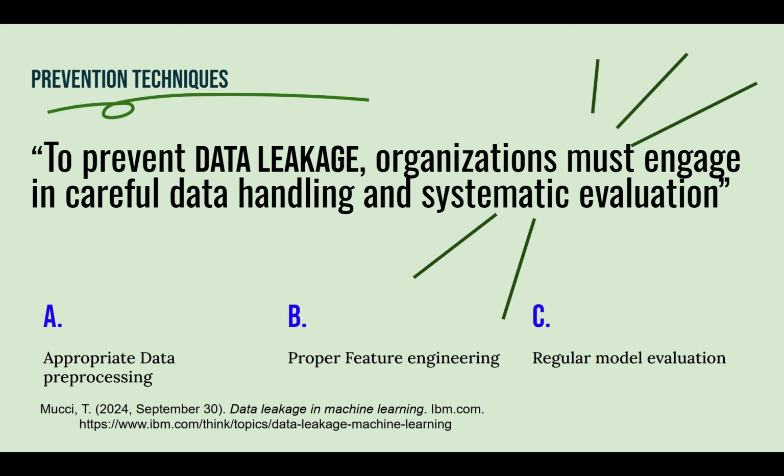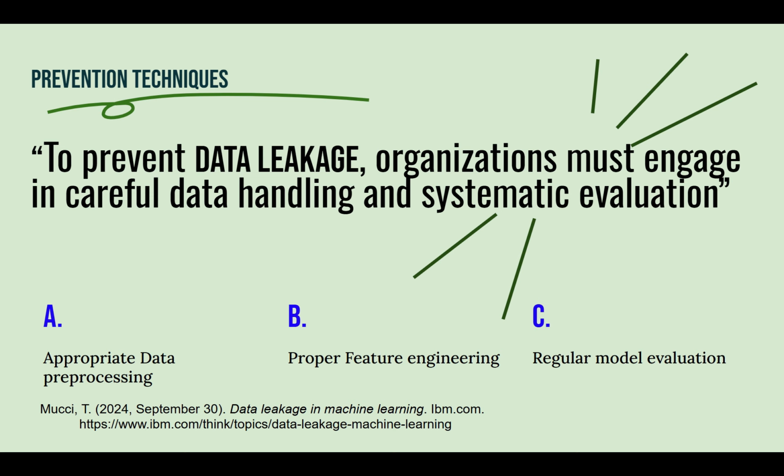So prevention techniques. To prevent data leakage, organizations must engage in careful data handling and systemic evaluation. Some of these prevention techniques are appropriate data preprocessing, proper feature engineering, and regular model evaluation.